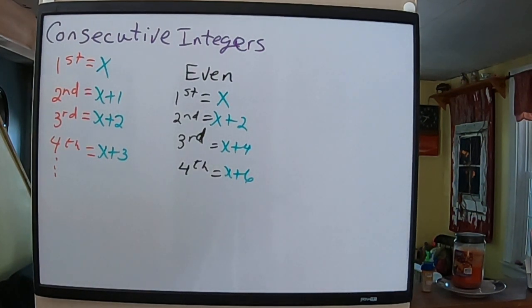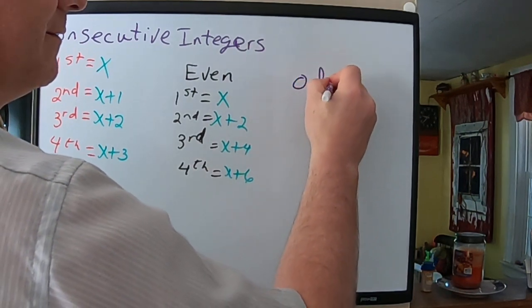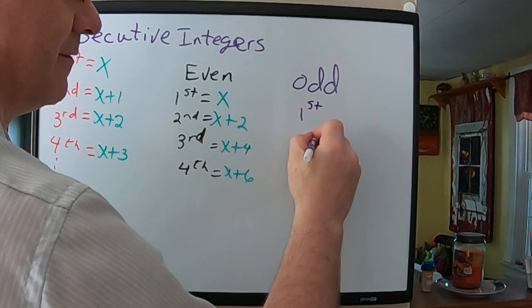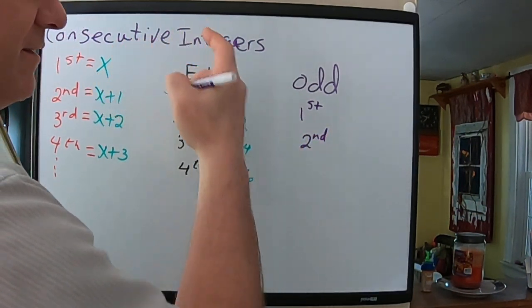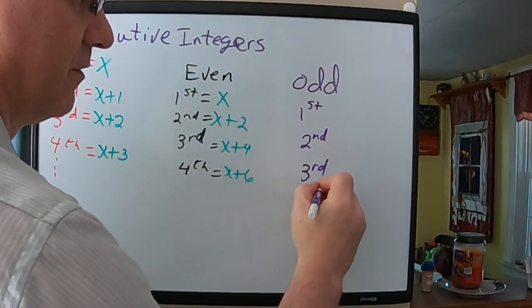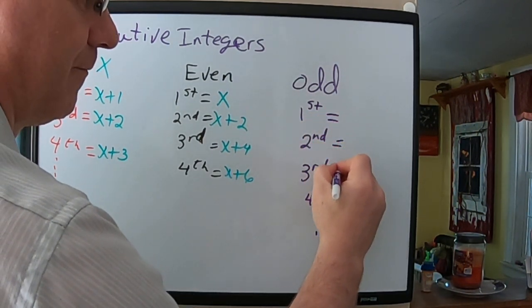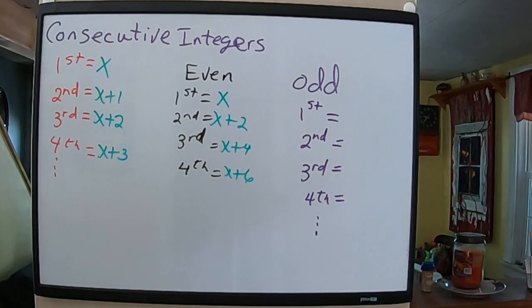Now here's even more interesting. What about odd? First, second, consecutive odd integers. Third, fourth. A lot of people would tell you it's like x plus 1, x plus 3, x plus 5. Nope. Or x plus 3, x plus 5, x plus 7. Nope.